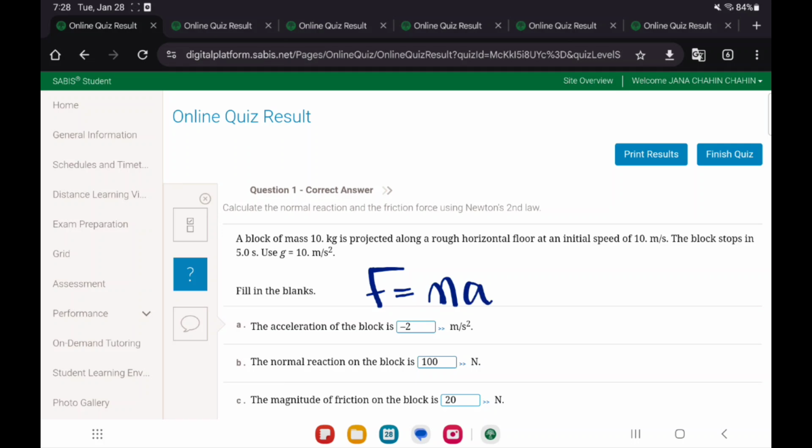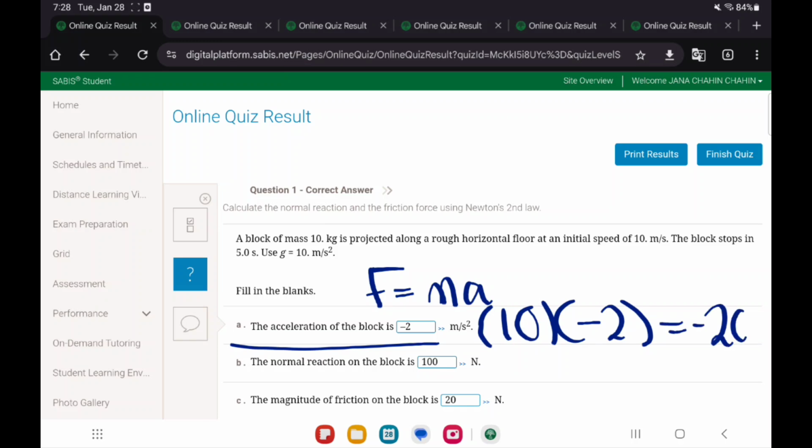M is mass, obviously, so 10. And acceleration, we found it in the first part, it's minus 2. So 10 multiplied by minus 2 is minus 20. But you can't have a magnitude that's negative, so you just take the negative sign out and you get 20. Okay, that's it.